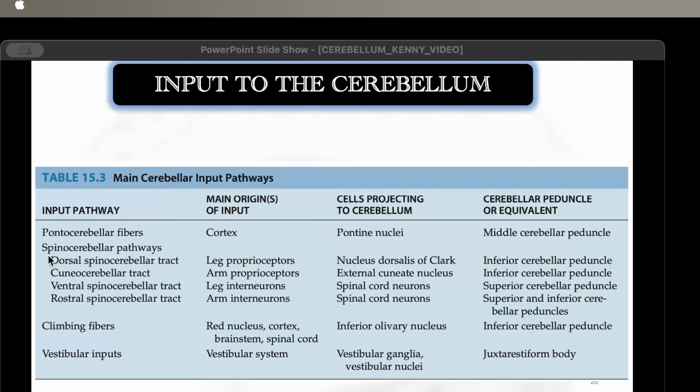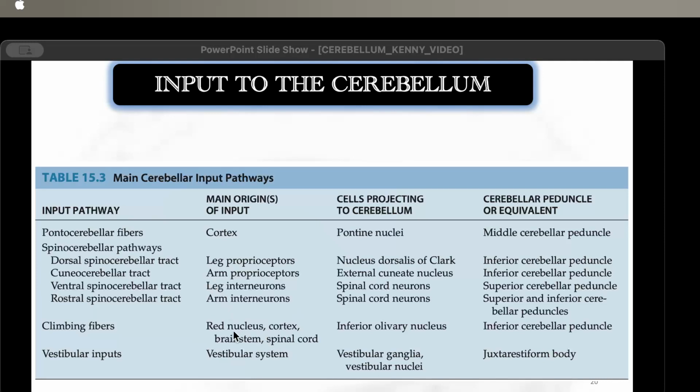You just need to know that you have input from the spinal cord, and it uses the spinocerebellar pathways, and this input will help to locate our organs in space. So the proprioception, the sense of position of joints, the position of the arms and legs in space. That is the spinocerebellar pathways.